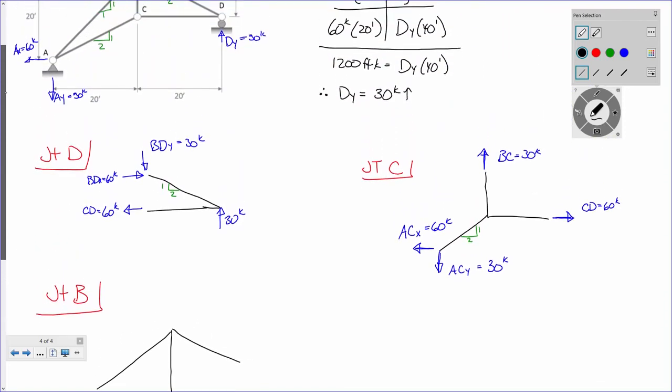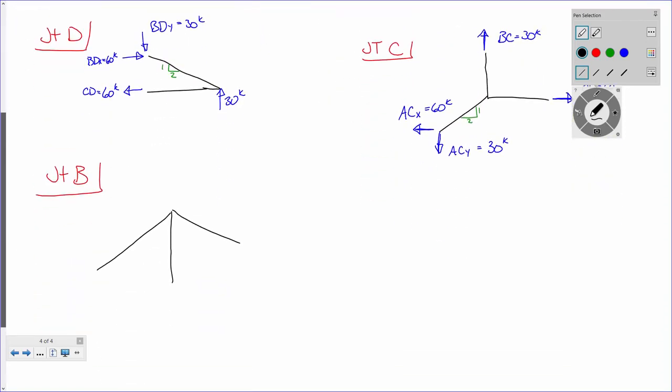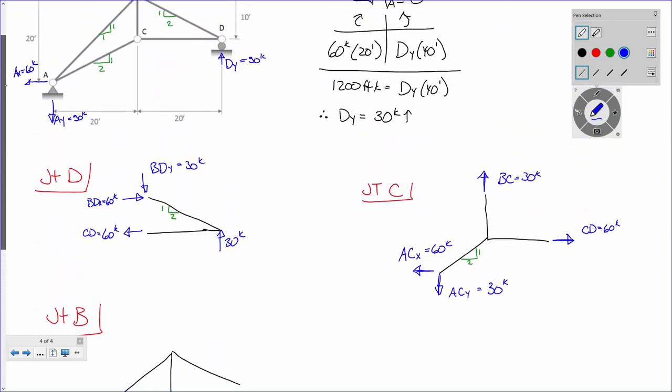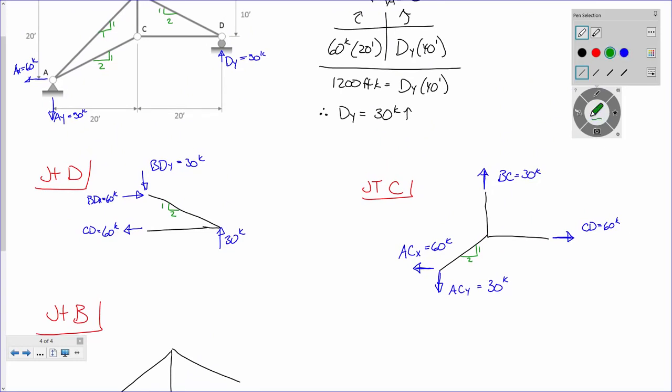Okay? All right. Now, let's start writing. Do we know this force right here? That's BC, and that's 30 kips acting in what direction? Down. Okay? Watch this.